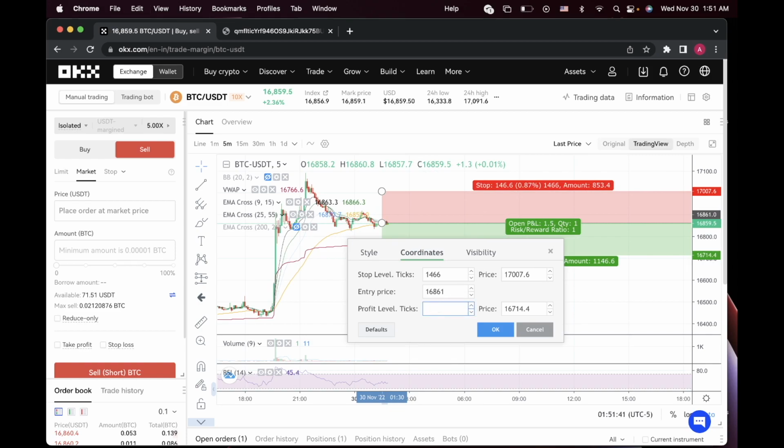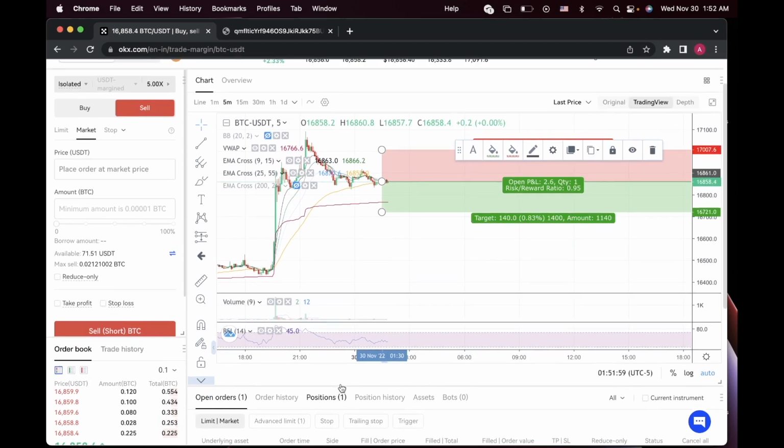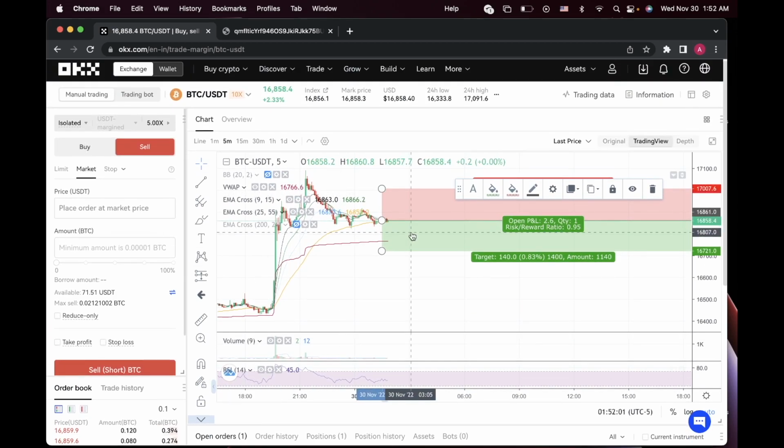Here, my usual target, if it's just the first position without averaging anything, is usually 1,400 points. That's it. And when I'm here, I go and set up the limit to close my position.